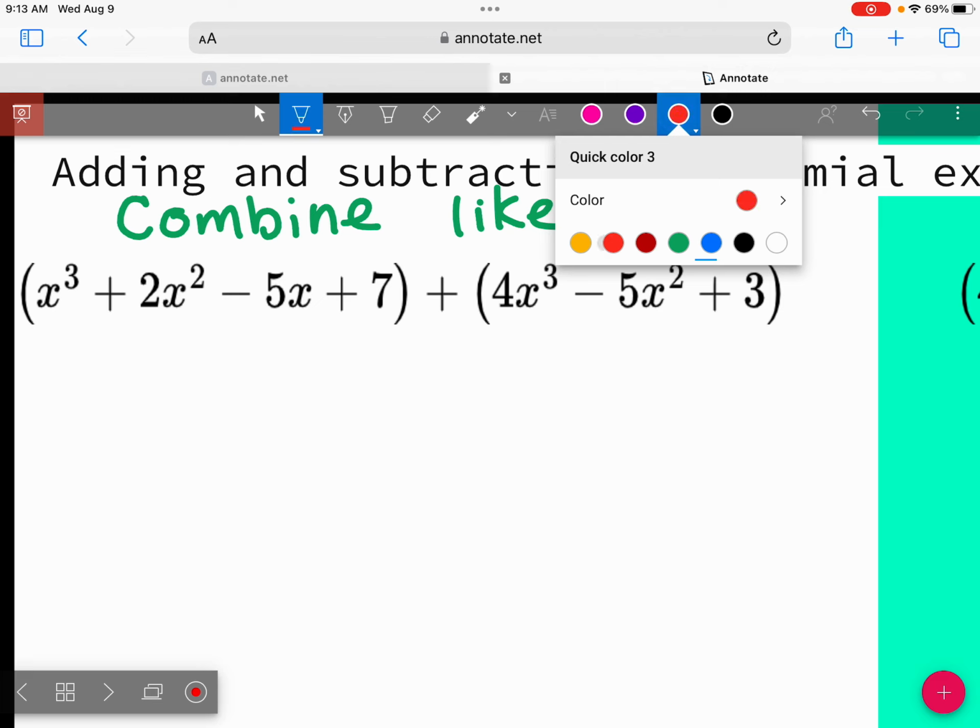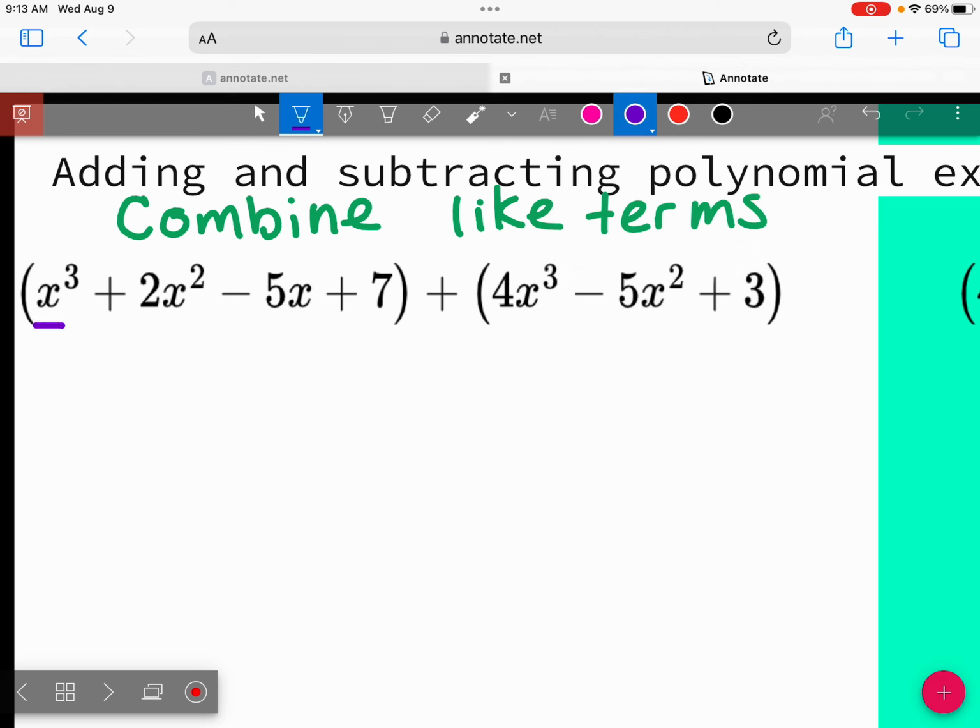That's what I don't like to do. So I can take and rewrite it as x cubed plus 4x cubed, because it doesn't matter what order we add things in. 4 plus 3 plus 2 is the same thing as 2 plus 3 plus 4. So if it helps you to rewrite it and group them together, do so.